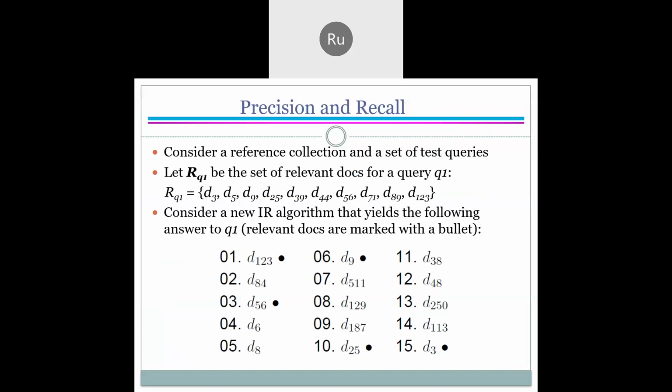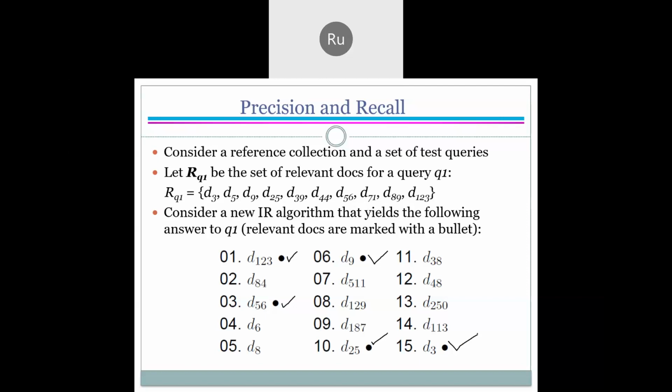Okay, so we have 15 documents returned to you, and only those marked with the black circle, the black dot, are relevant to the query. So based on this result, we can plot a precision and recall curve.